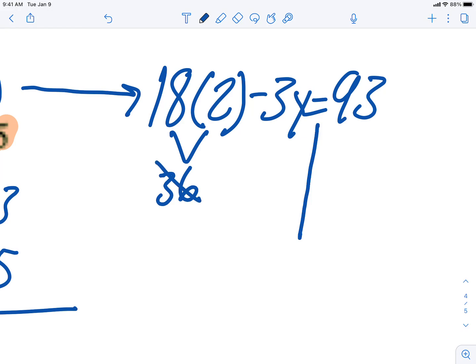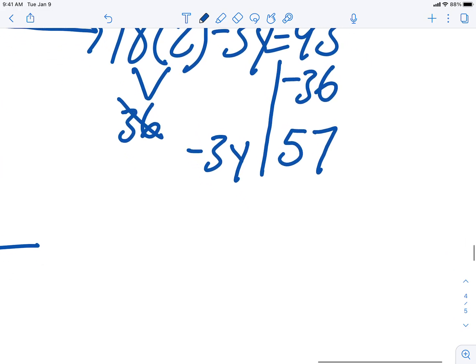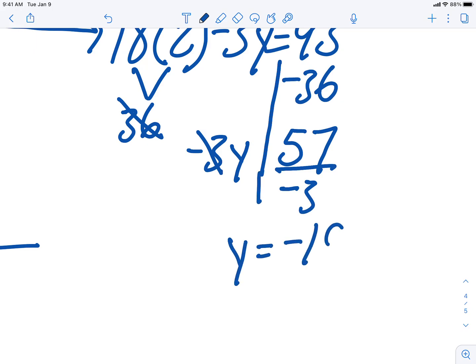I'm going to cross out 36 and bring it over just like this. And I have negative 3y. 93 minus 36 is 57, kiddos. Positive 57. And the opposite of multiplying by negative 3 is dividing by negative 3. And I get y is equal to negative 19.